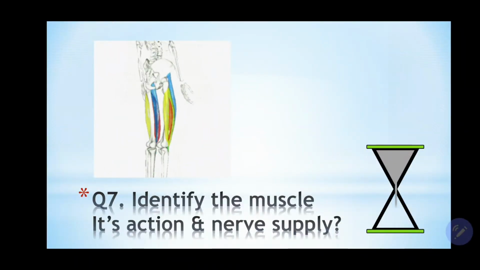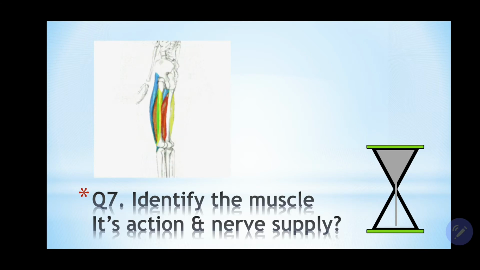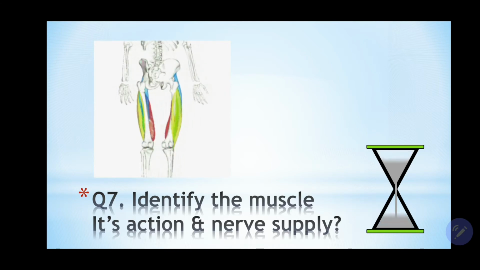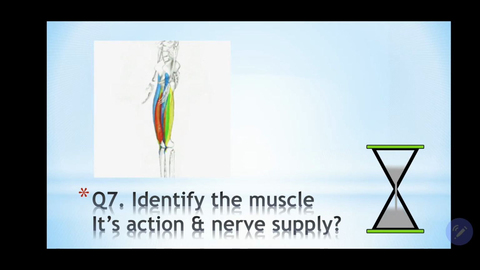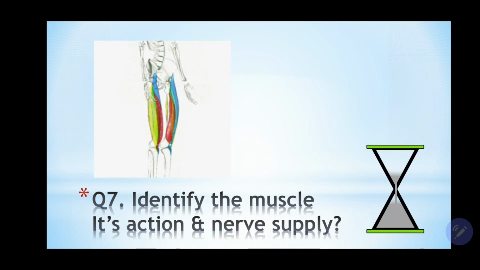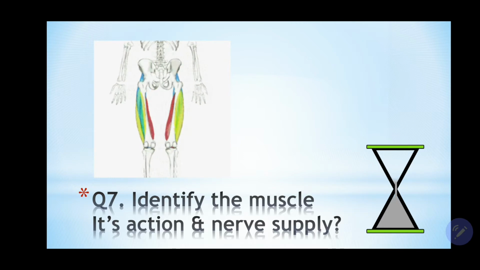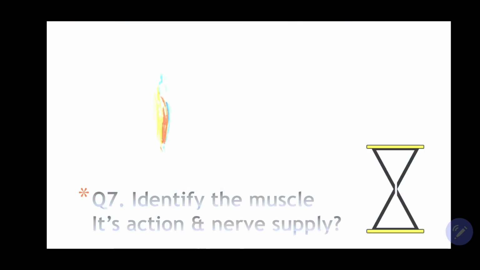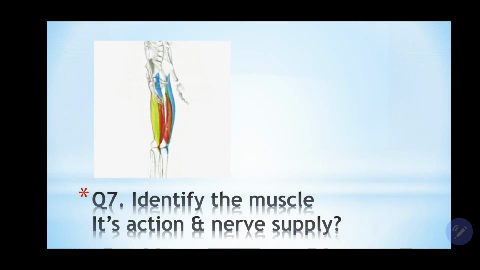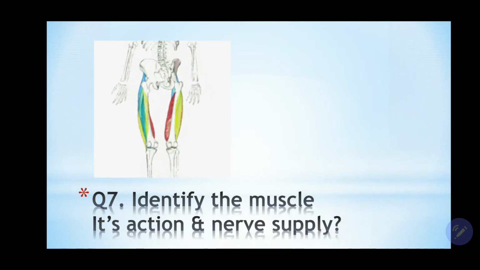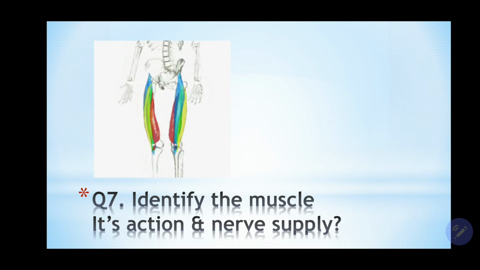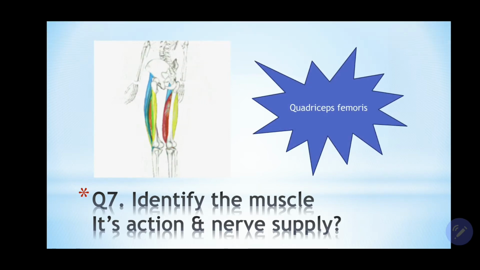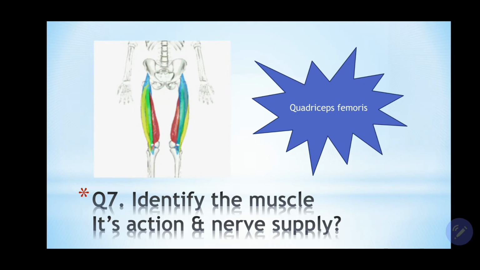Question number 7. Identify the muscle, its action and nerve supply. Okay, so this composite muscle is called quadriceps femoris.